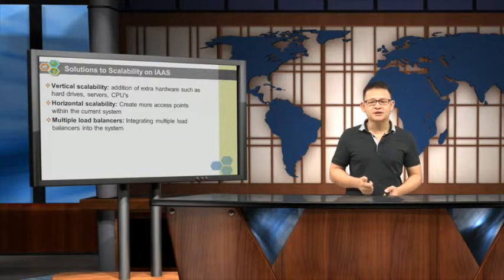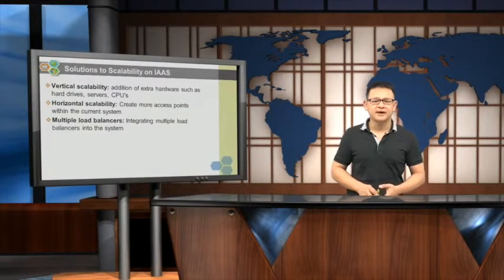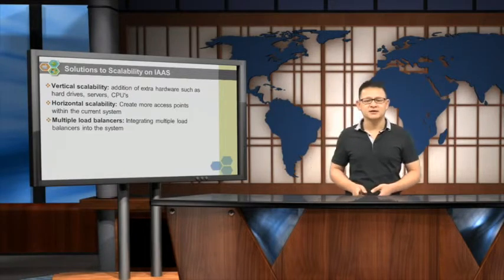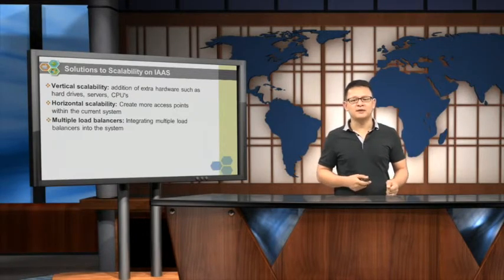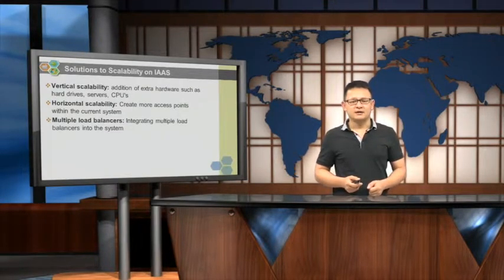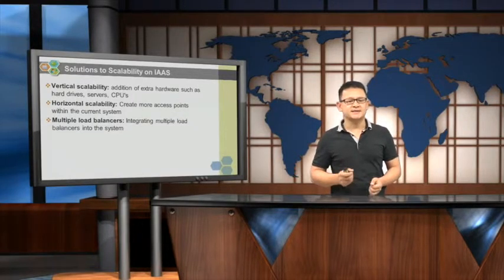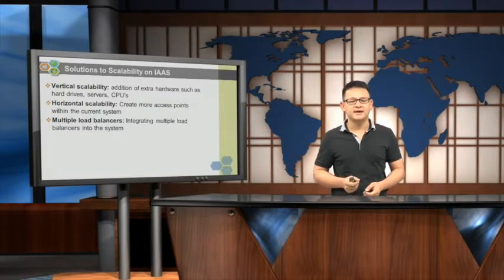But horizontal scalability is really just a quick fix for a growing or expanding cloud. It also serves as a sort of buffer for vertical scalability. Horizontal scalability is intimately associated with the manner in which points of access are distributed across a network.